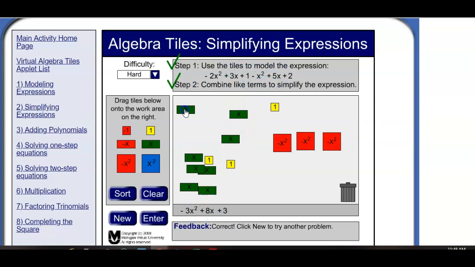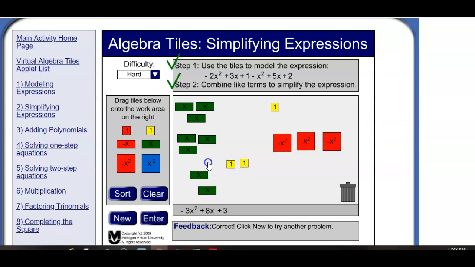3x plus 5x, group these together, would give us 8x, positive 8x, and then positive 1 plus 2 would give us positive 3.